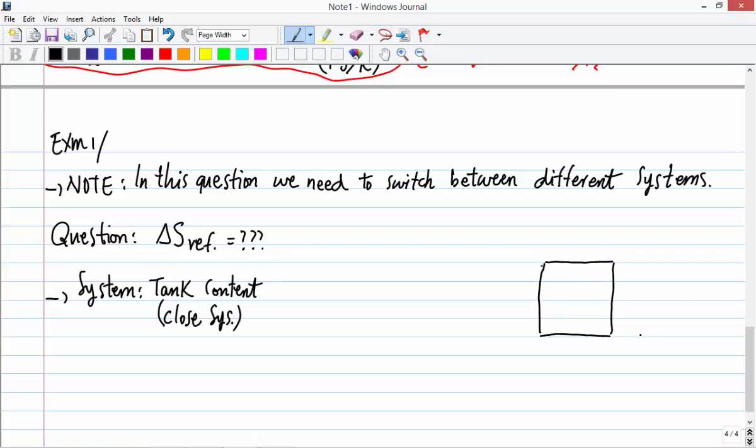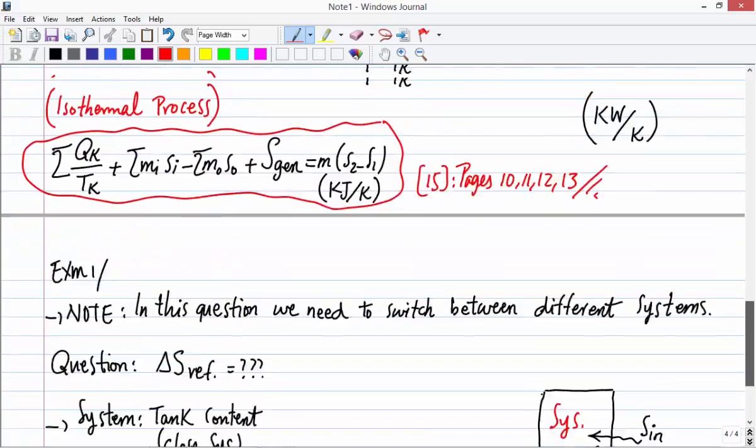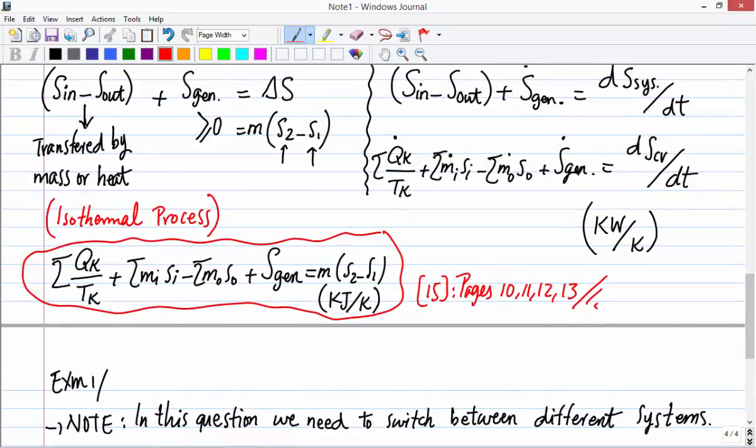And Q is going into my system. I'm adding heat. I mean, the heat source, the surrounding, is supplying heat to the system. And therefore, this heat will carry entropy by itself, right? And here's my system. Mass is closed, so these two summations that I talked about before would be zero.